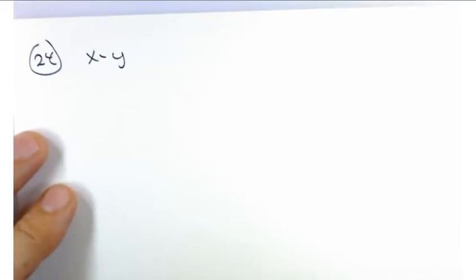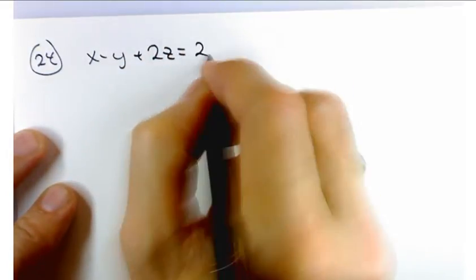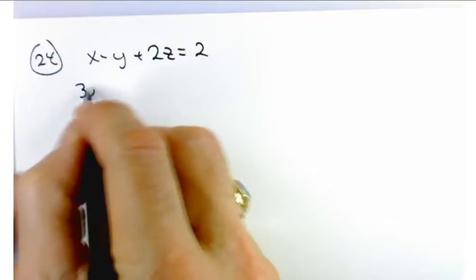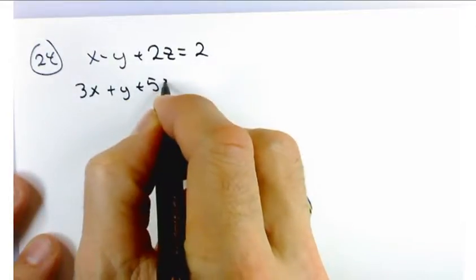Let's do a couple more like this. We'll start with problem number 24. x minus y plus 2z equals 2. 3x plus y plus 5z equals 8.